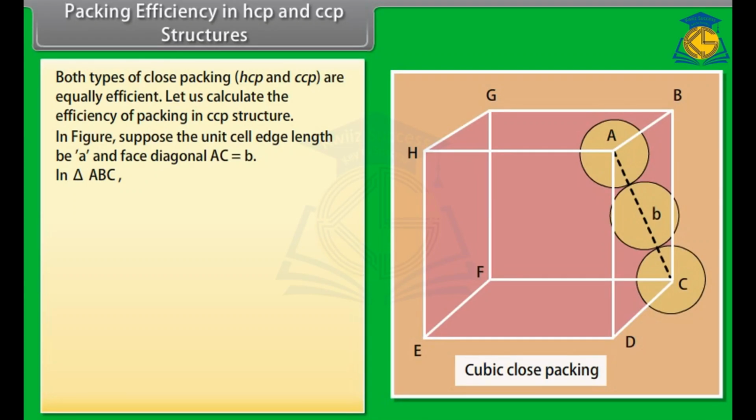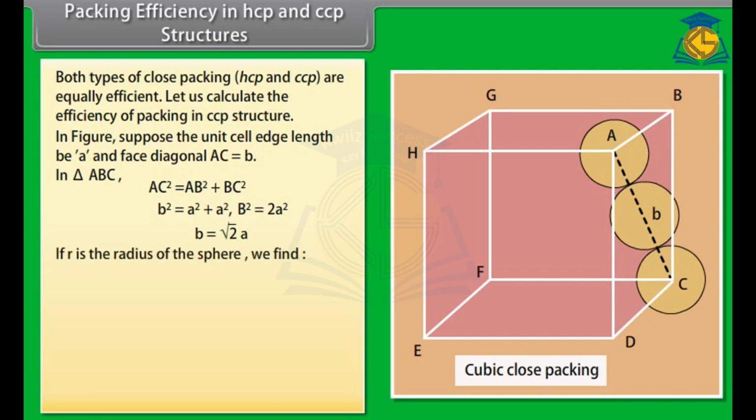In triangle ABC, AC square is equal to AB square plus BC square, or b square is equal to a square plus a square, or b square is equal to 2a square, or b is equal to square root 2 a.